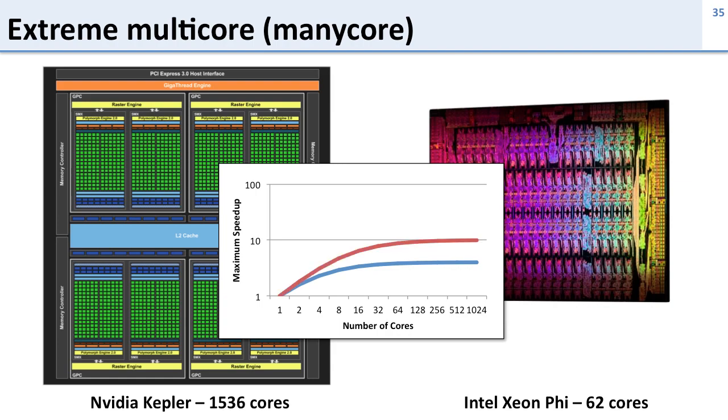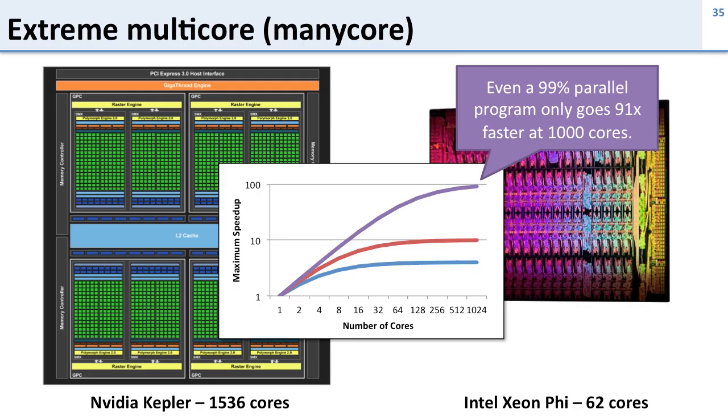If it's 90% parallel, the best we'll do is 10 times faster. Even if our program is 99% parallel, the best we're going to do is 91 times faster. So you've got 1500 cores here, but your program needs to be more than 99% parallel to get more than 100 times speedup. This is a really limiting factor, and this is why we typically see lower speedups on GPUs than we expect.